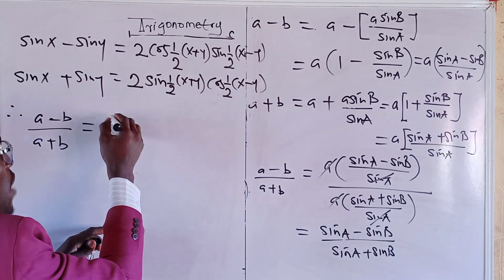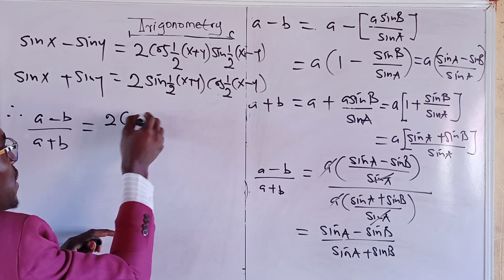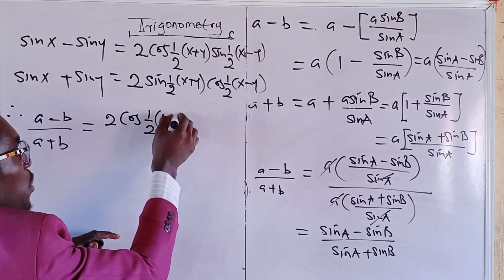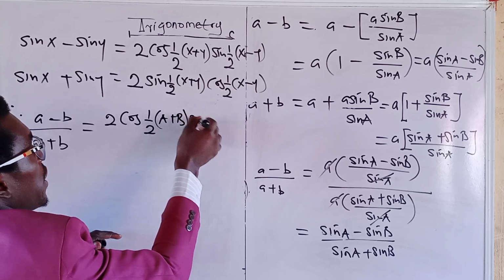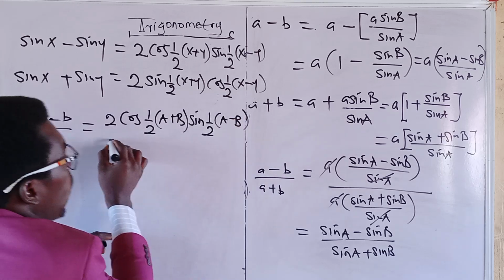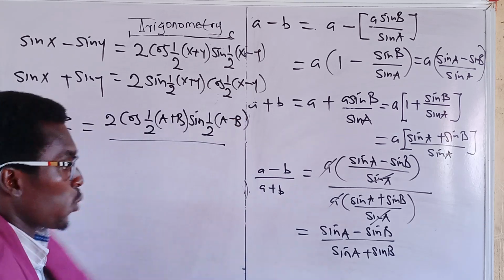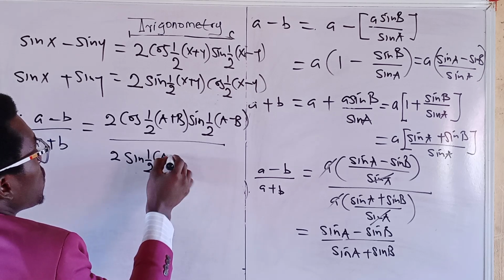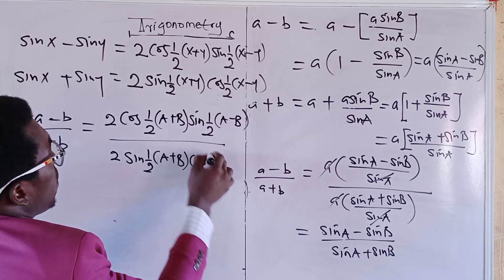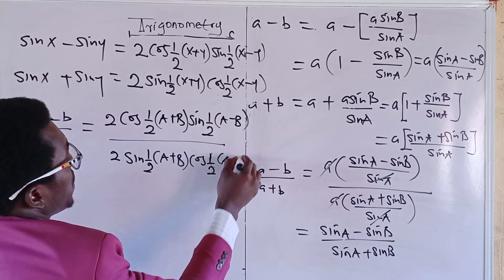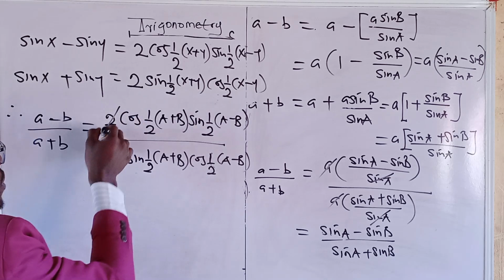So in this case, we shall have 2 cosine of half, instead of x plus y, we shall have A plus B, right? Then the same thing goes here, half of (A minus B). Can you see that? All right. All divided. The same thing goes here. So we have it as 2 sine of half of (A plus B) cosine of half of (A minus B). So these two, we cancel out with these two.